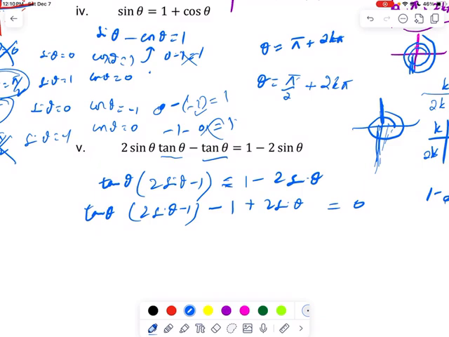Now, if you notice, these terms look similar, so I will factor them out.